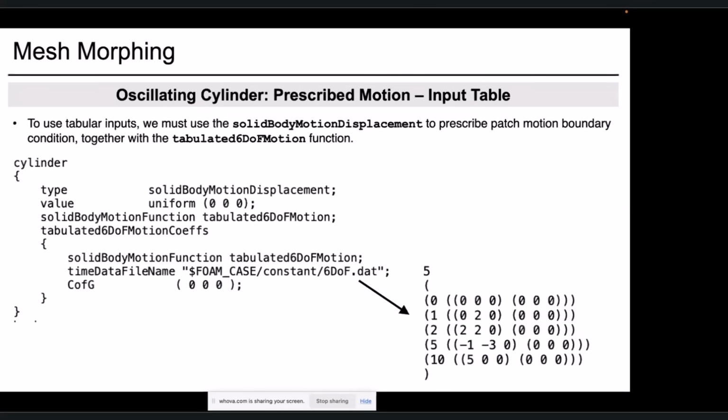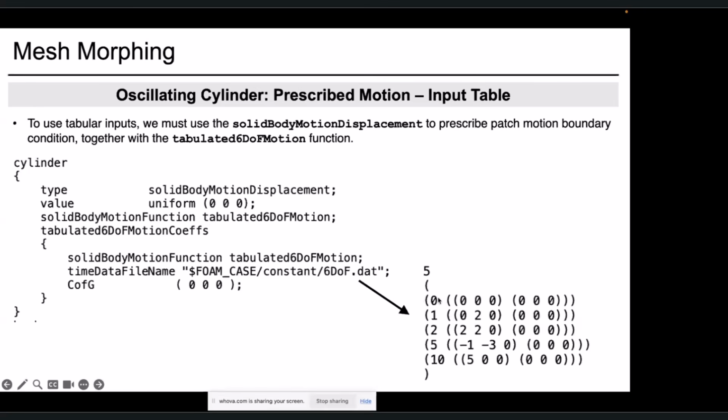In that case, we can use a very handy function which is called tabulated 6 degree of freedom motion, which is like a tabular file in the .dat format, which has to be included in the constant folder. Okay, and the syntax is that the library is solidBodyMotionDisplacement, and the function is tabulated6DoFMotion.